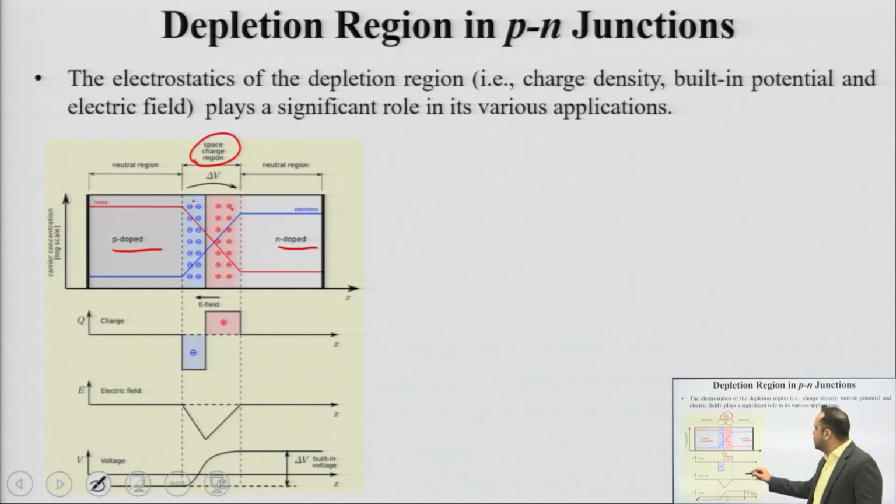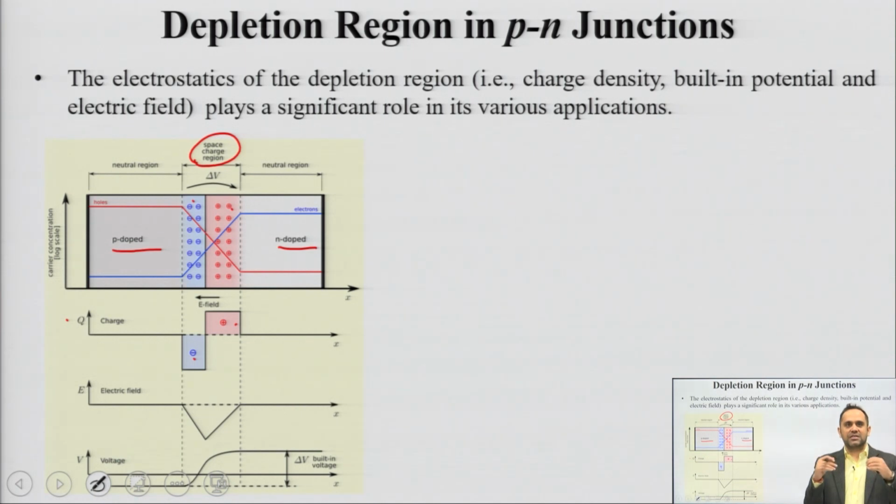If you see, this is your charge density with respect to distance: you will see negative acceptor ions here and positive donor ions here. In the bulk, there is no potential difference. Positive and negative charges balance each other, so there is no electric field. In the bulk of the p side and the bulk of the n side, the electric field is 0.